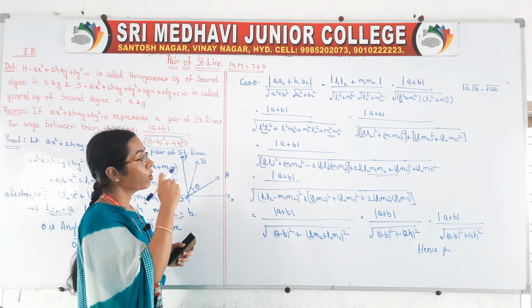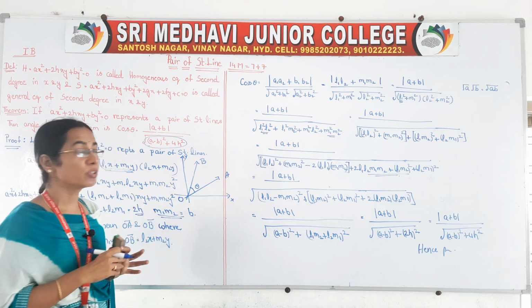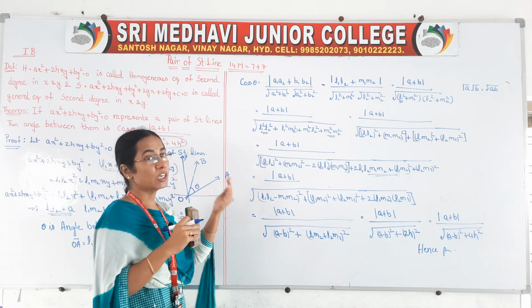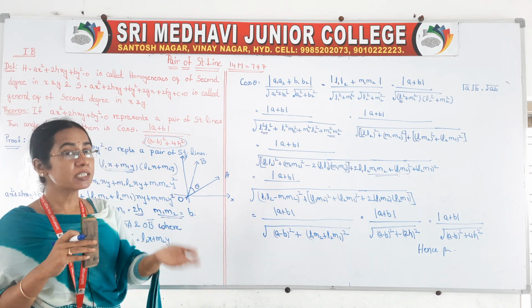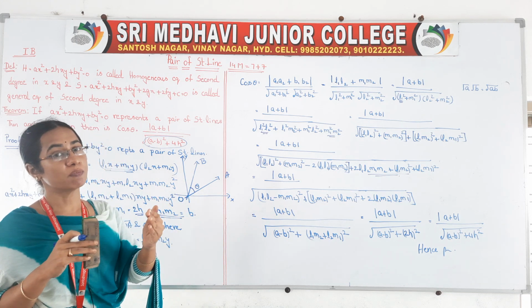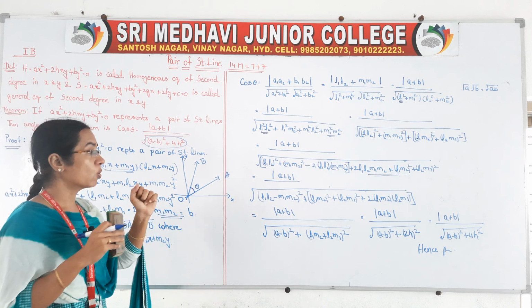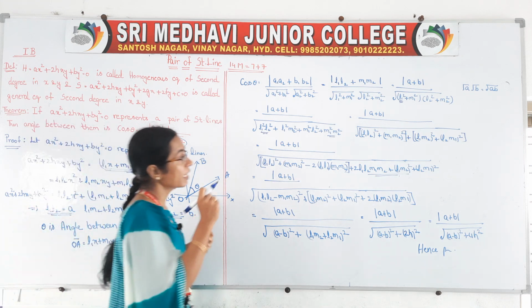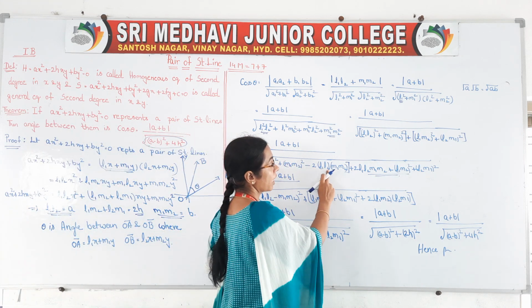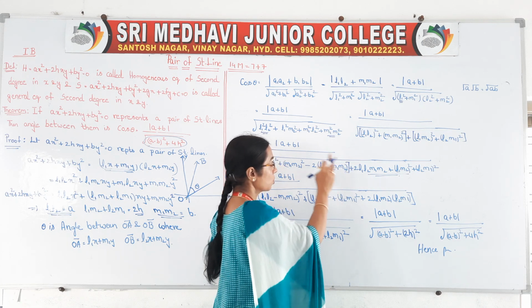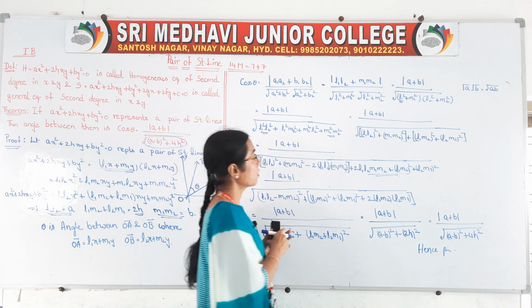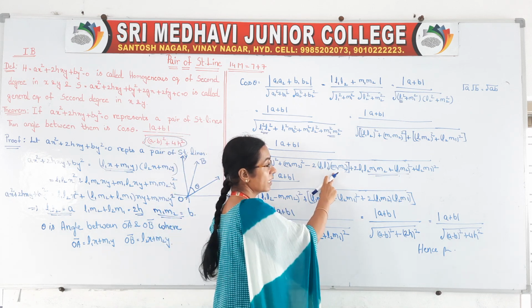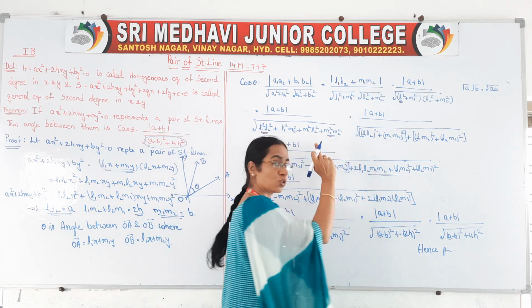L1 L2 minus m1 m2 whole square means it should be L1 L2 whole square plus m1 m2 whole square minus 2 L1 L2 m1 m2, the a minus b whole square form. So for that sake, we need minus 2 L1 L2 m1 m2 to write this whole square form. That's why we have taken that minus and we added also.